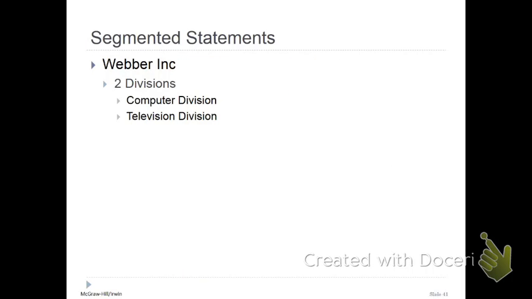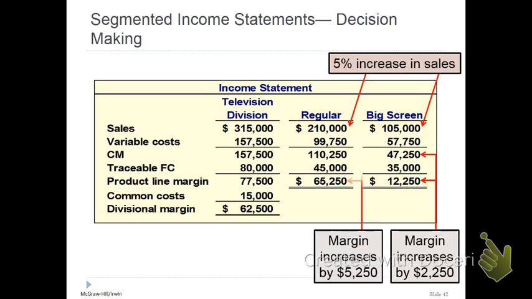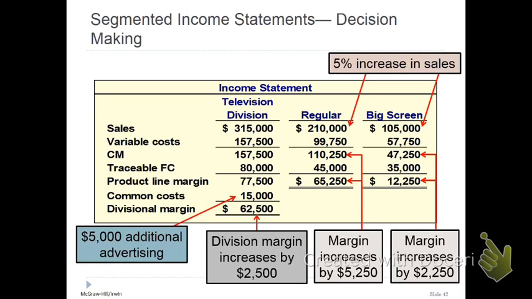So once again, we're going to take a look at this Weber, and they have the two divisions, computers and television. And remember, they further broke the television division down into the regular and big screen. Suppose there was a 5% increase in sales due to an increase in advertising.